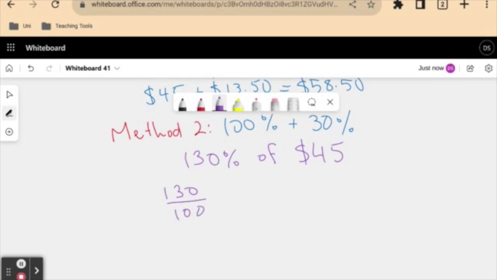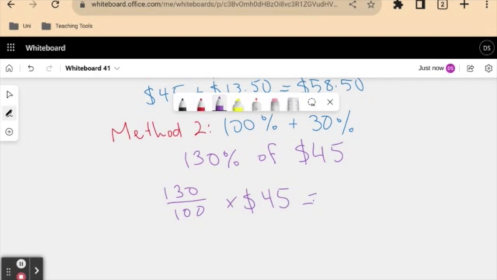130 hundredths. Now, this is an improper fraction, which makes sense because our percentage is something bigger than 100. And we're taking this 130 hundredths of $45. So we are going to do our multiplication operation here.